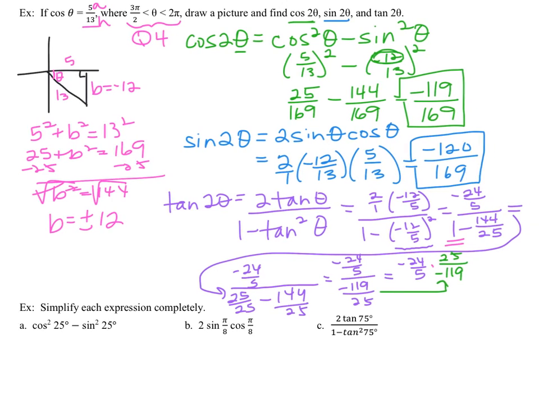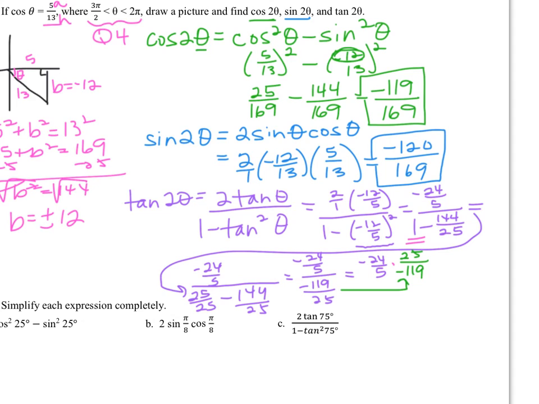So if we have negative 24/5 times 25 over negative 119, the first thing that'll happen is the two negatives will become positive. And I also notice there's a 5 in the denominator and a 25 in the numerator. 5 reduces that 25 5 times.